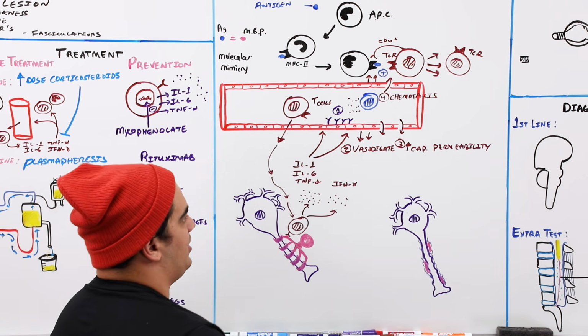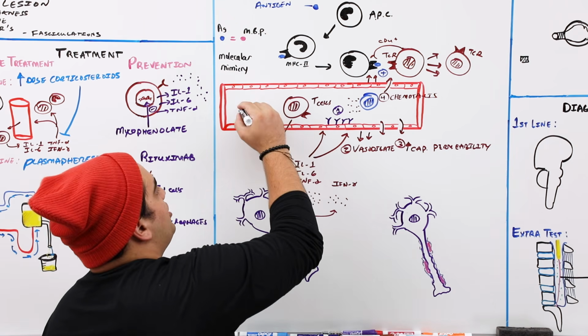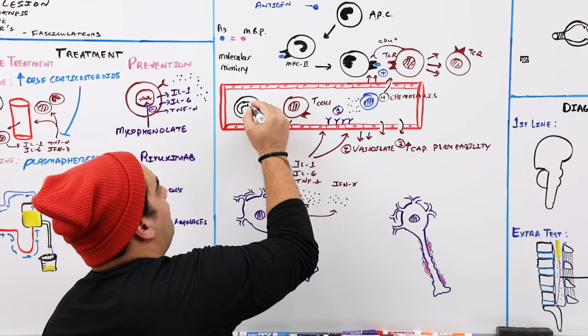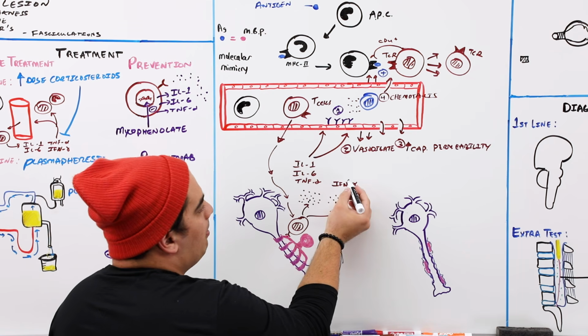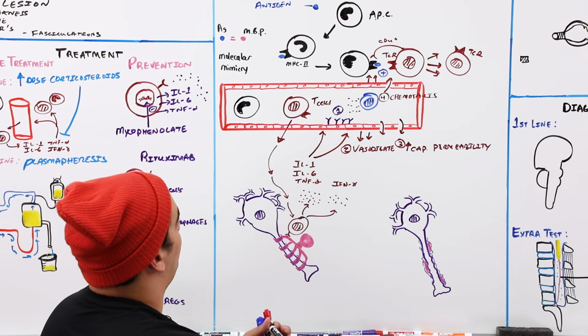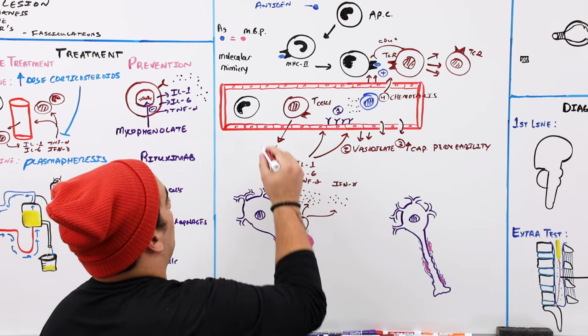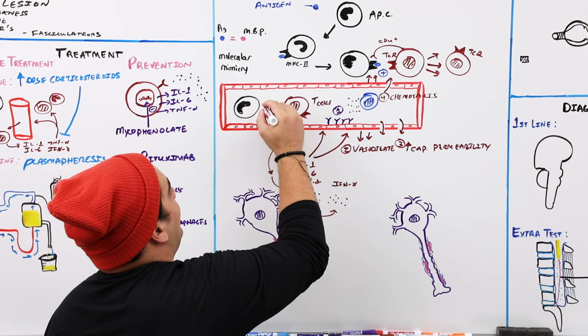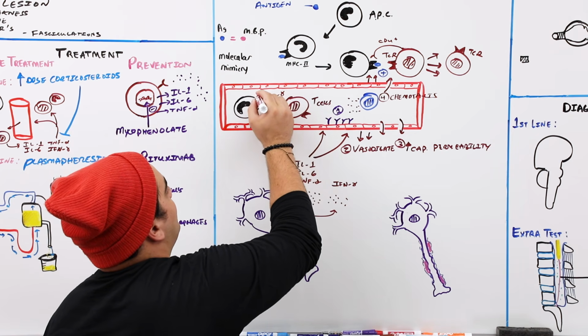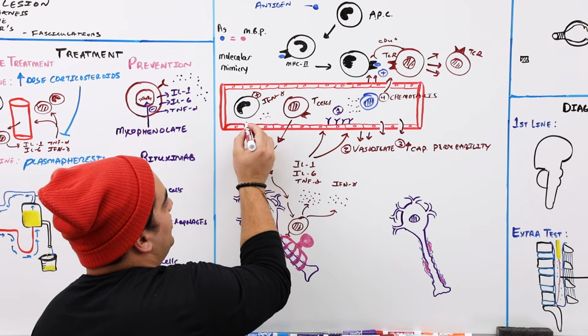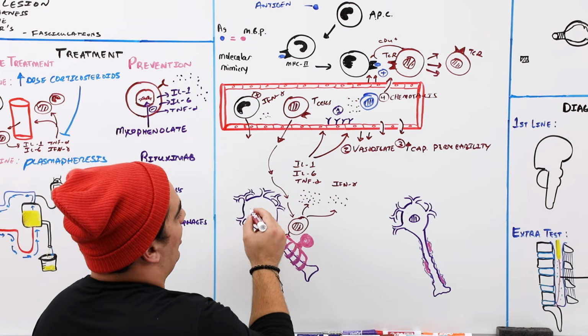Macrophages love this particular molecule, so macrophages may be coming to this area. When they come, they can also be triggered by this chemotactic mechanism, but they really heavily respond to interferon gamma. Whenever there's a lot of interferon gamma, it stimulates these macrophages and triggers them to come out into this area.